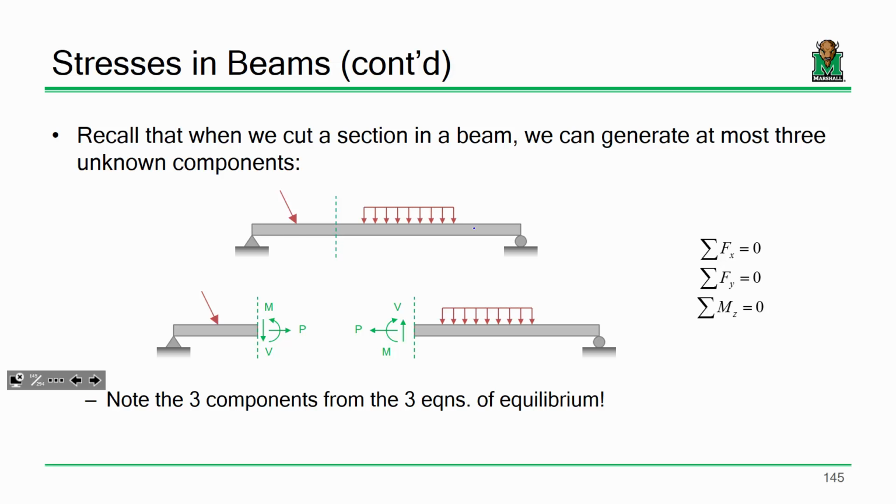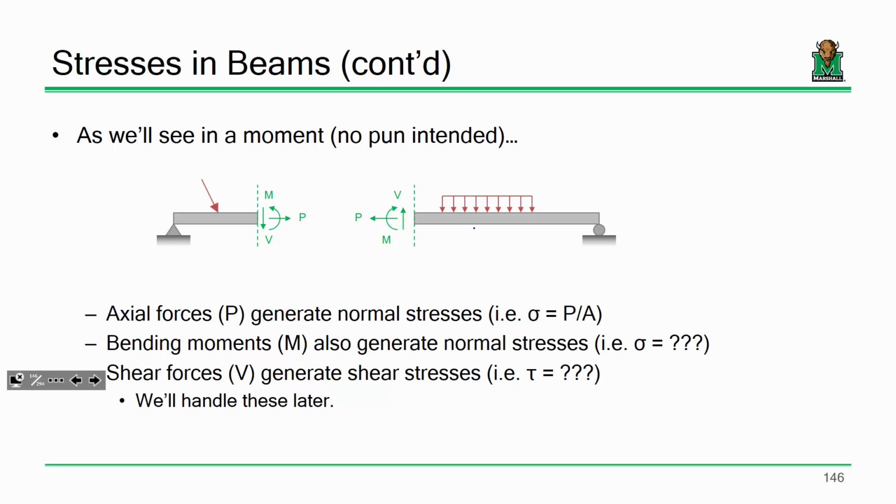Sum of forces in the x direction would reveal some axial force P inside the beam, right? We've already handled stresses like that. Remember, sigma equals P over A, the stress due to an axial load. We've done that, so we don't have to cover that.